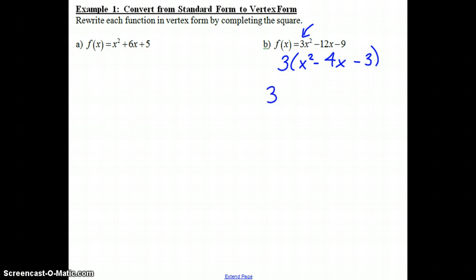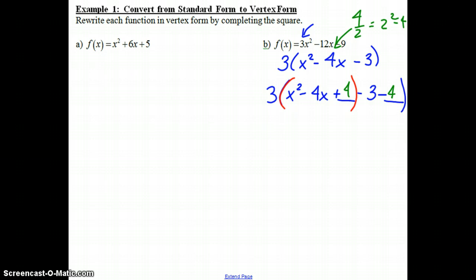So we'll go 3 times x squared minus 4x plus blank minus 3 minus blank. Oops, that should be a blank, not an x. Then we take half of our middle term and square it. So 4 divided by 2 is 2, squared equals 4. So 4 is what's going to go into our blanks.